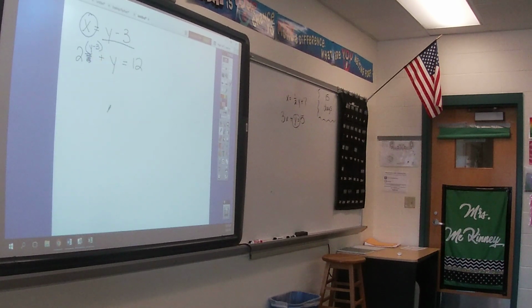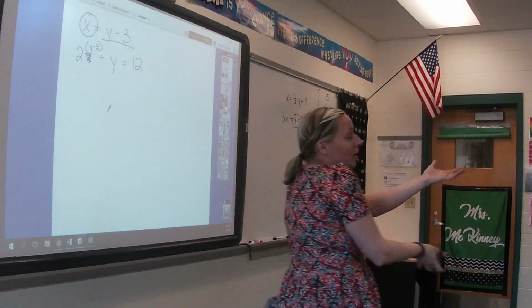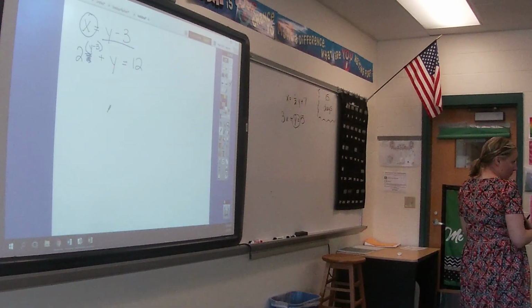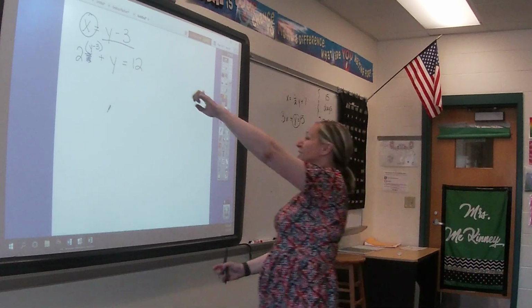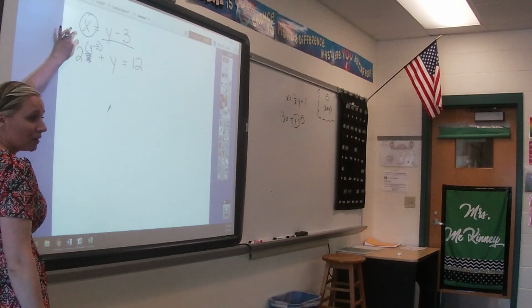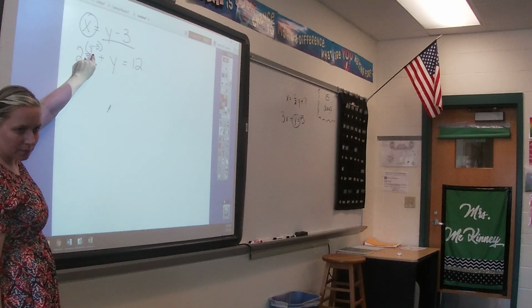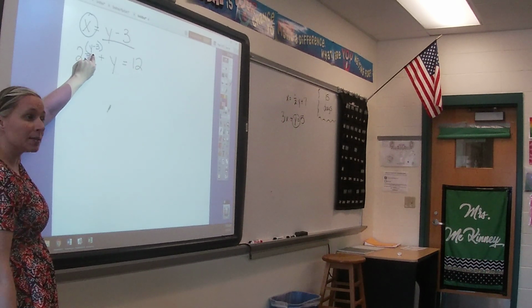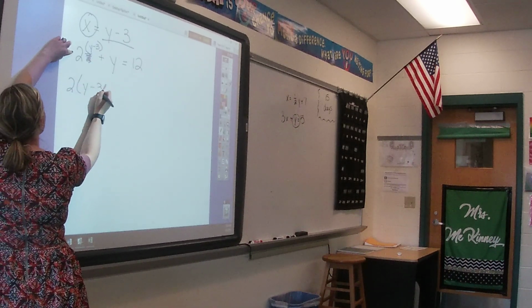And my students say, well, Mrs. McKinney, how am I supposed to know to use parentheses? Guys, if you're not sure, just put parentheses. You can't really be wrong if you put them. You can be wrong if you don't put them. Okay, so because this had a number sitting in front of it, this one needs to have parentheses with it. Does that make sense? Okay, so we're going to say 2 parentheses y minus 3.